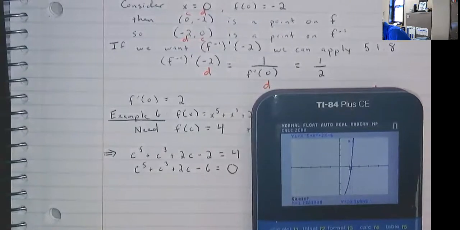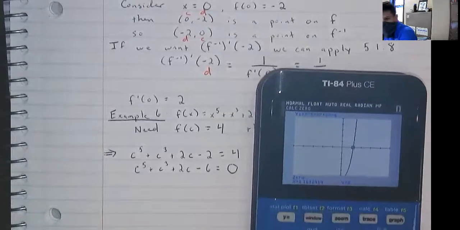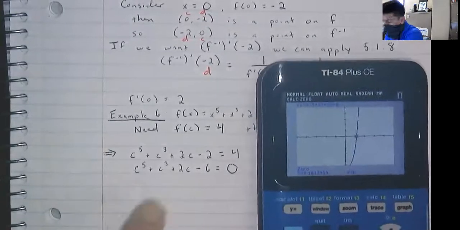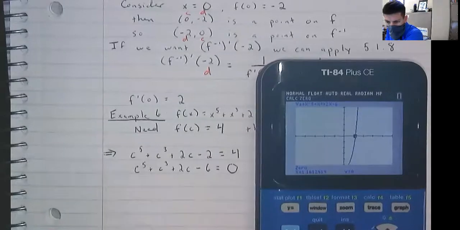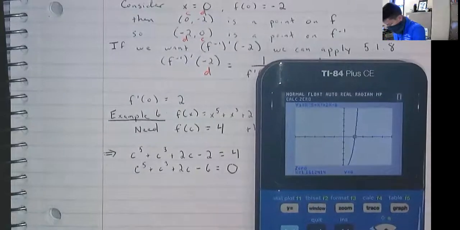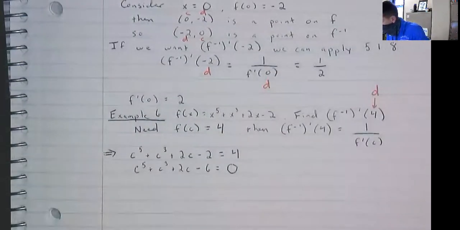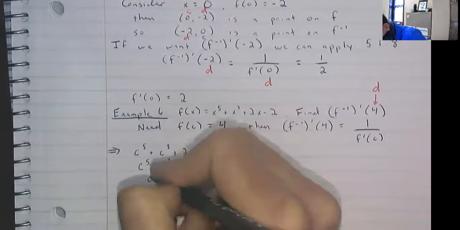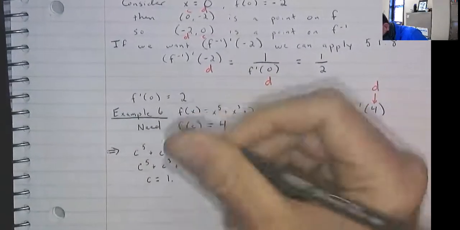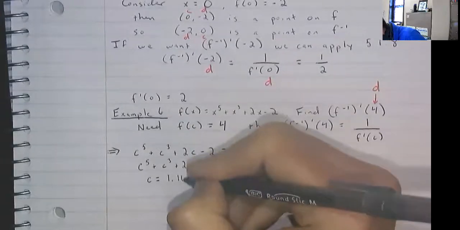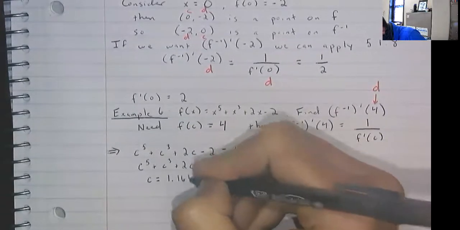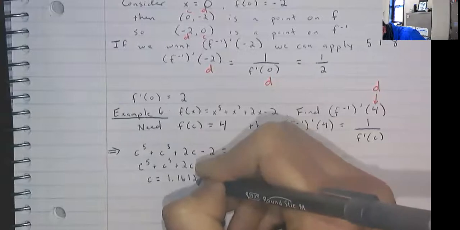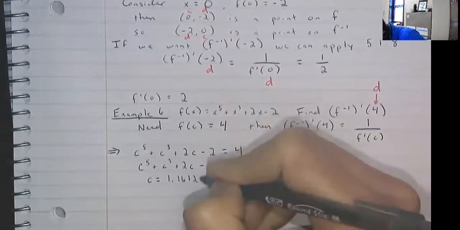I'm going to do a little guessy. Sure. So we're being told that the zero of this equation is at 1.1612414. And we're going to use all of those digits because we want to be thorough. c is equal to 1.1612414.